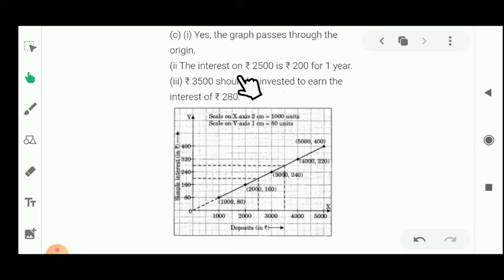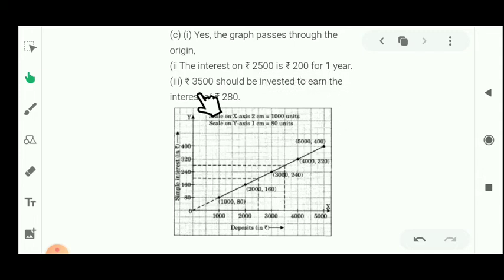The interest on rupees 2500. 2500, the interest will be here on this point, and interest is 160 and 240 between them. That means the value is 200. So the answer will be the interest on rupees 2500 is rupees 200 for 1 year.